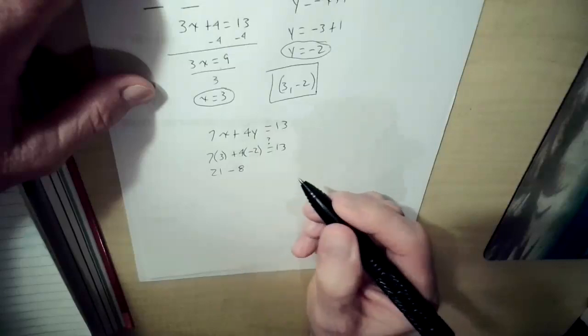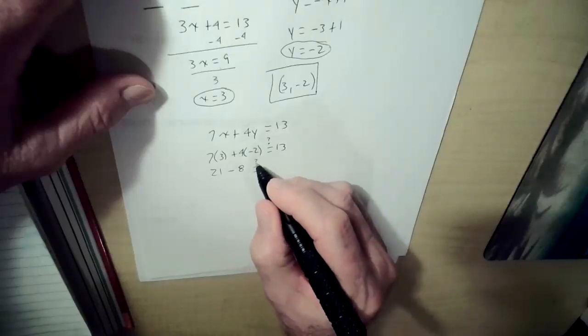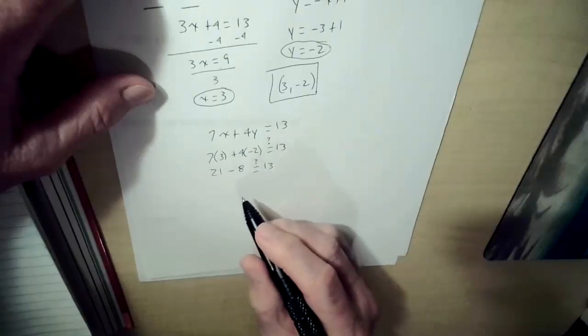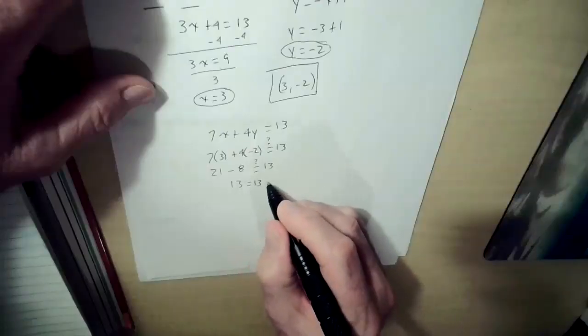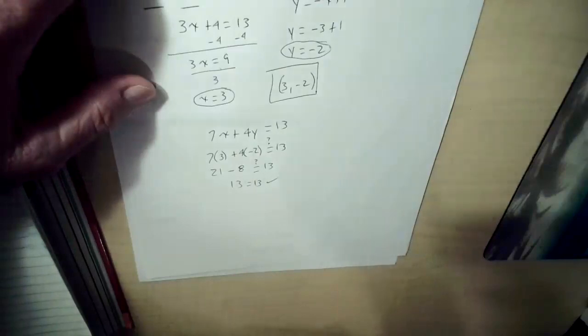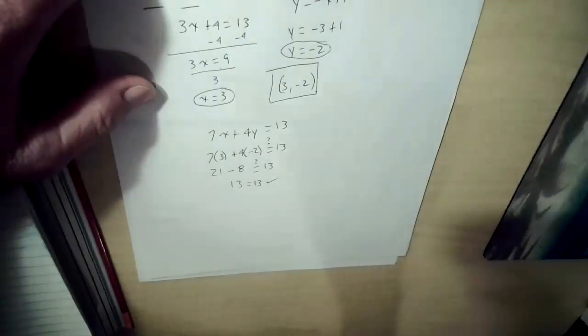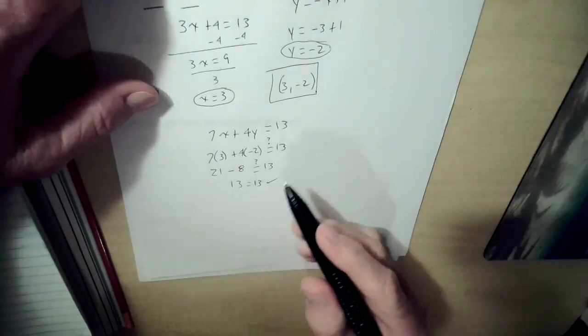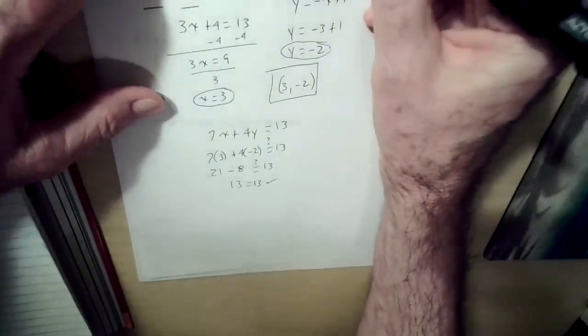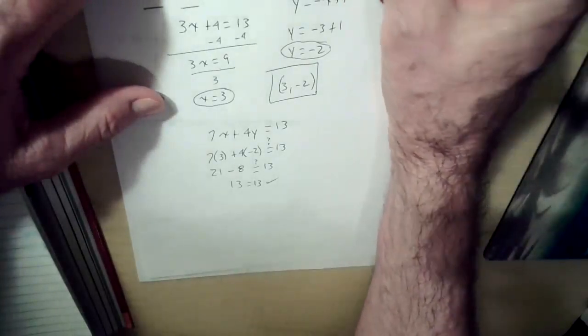Does that equal 13? 21 minus 8, 4 times negative 2 is negative 8. Does that equal 13? Yes, it does. It works.